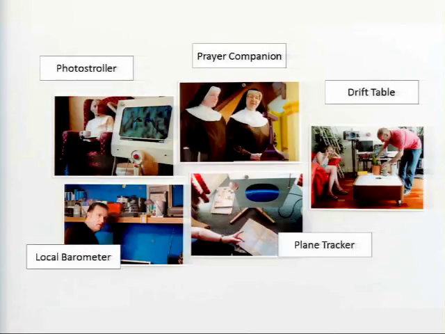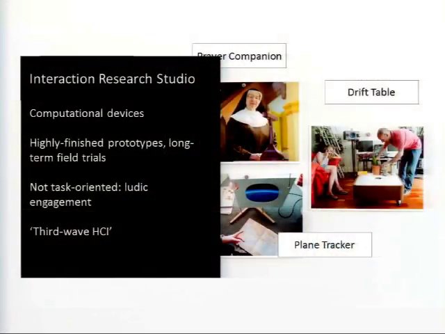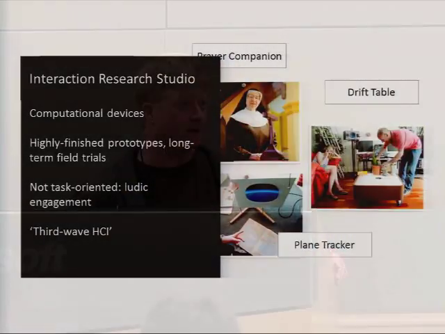And there's more, so much more. As I say, we deploy these in long-term field trials, often into people's homes that we recruit, and also in more specialized places, such as the care home or the convent, as shown on the top. So again, computational devices, highly finished, long-term field trials, not task-oriented.